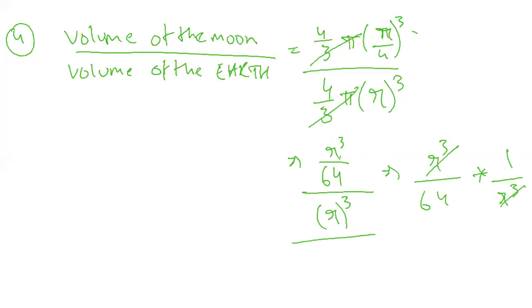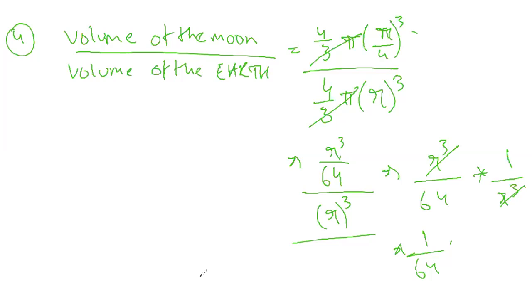So r cube will be cut by r cube, and our final answer will be 1 upon 64. So 1 upon 64 is the fraction of the volume of the earth which is the volume of the moon.